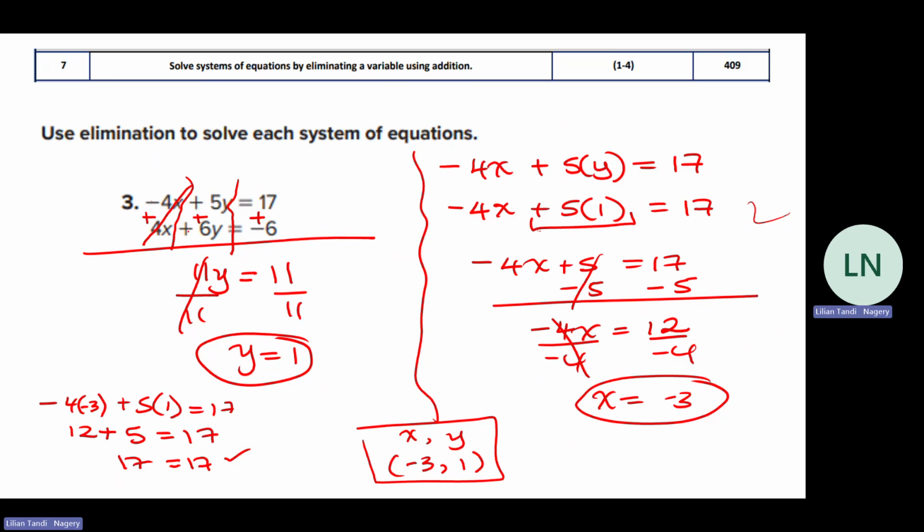Remember, you have to check both equations. You cannot just check one and think you're correct. You must say yes 2 times. So then you have 4 times negative 3 plus 6 times 1 equals negative 6. Okay. So this is negative 12 plus 6 equals negative 6. Yes, this is negative 6 equals negative 6. So I've said yes, so this is my answer.